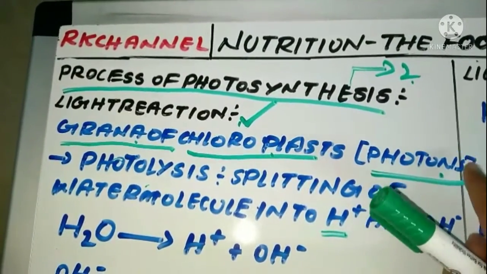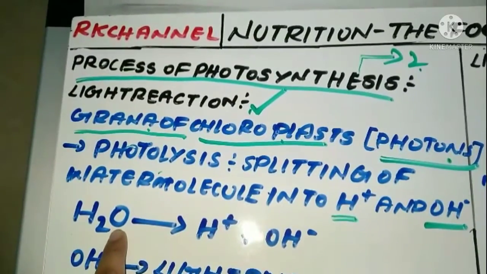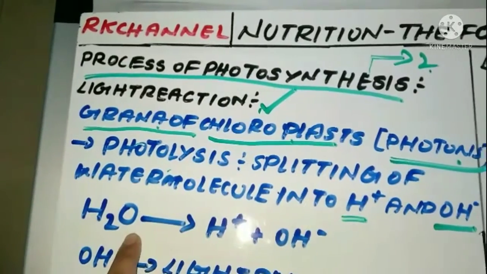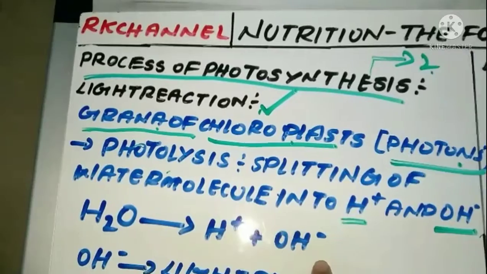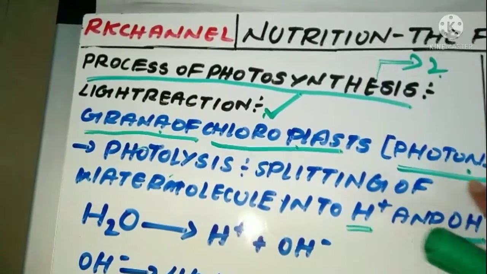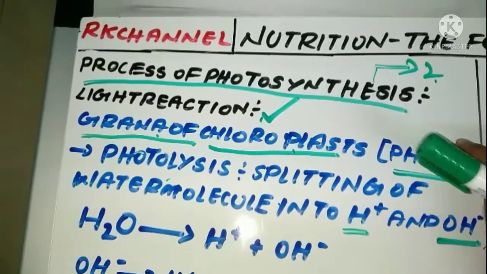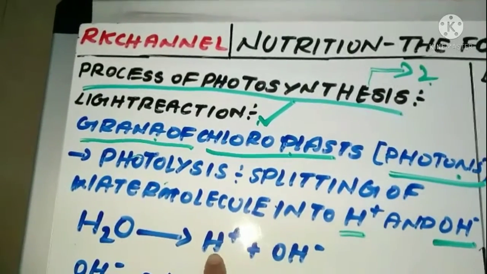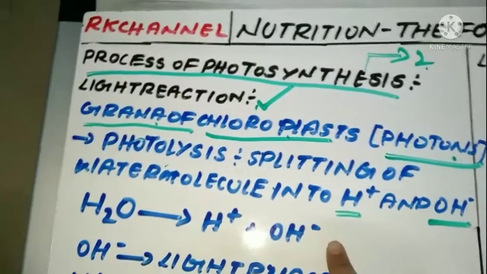By using this energy, the water, as we know, the molecular formula of water is H2O, is going to divide into H plus and OH minus ions. In the first step, the energy gained by the chlorophyll, that means the photons energy, is used so that H2O is going to split into H plus and OH minus. This is the second step.